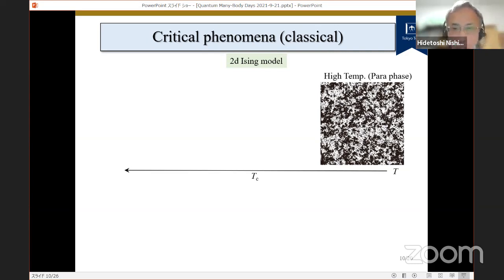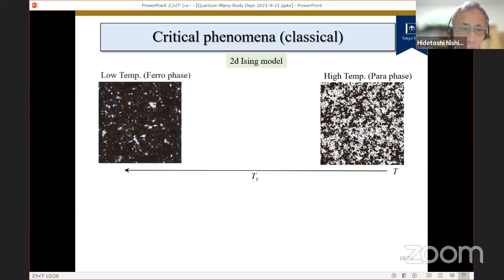So at very high temperatures, the system is disordered, a paramagnetic state. A black dot represents a spin down state and a white dot represents a spin up state. So they are very much mixed in the system.